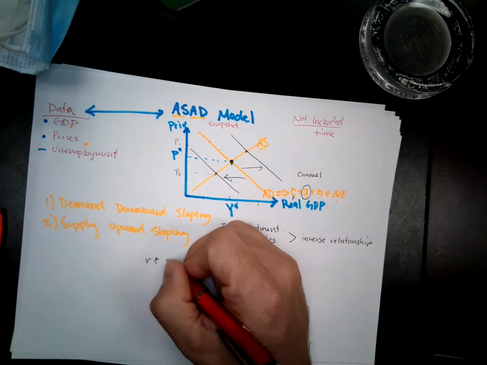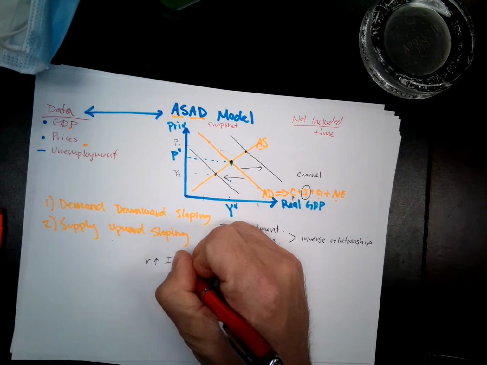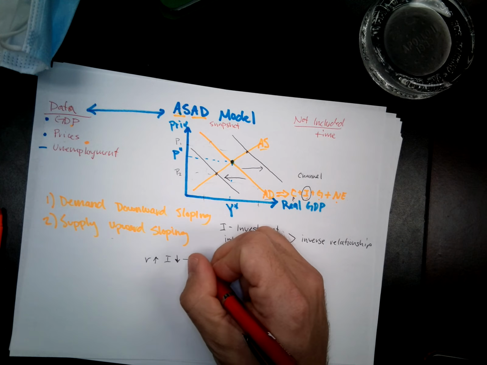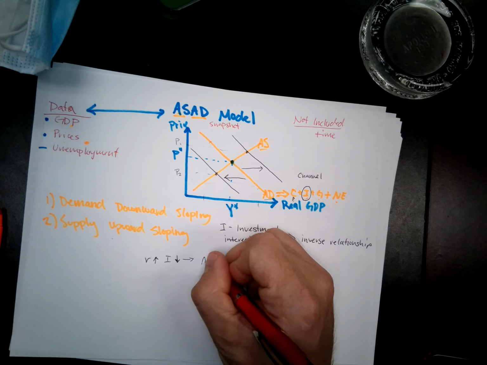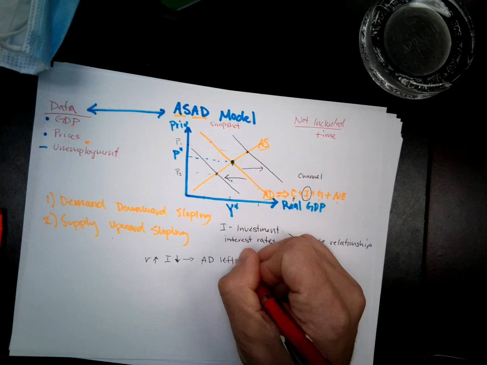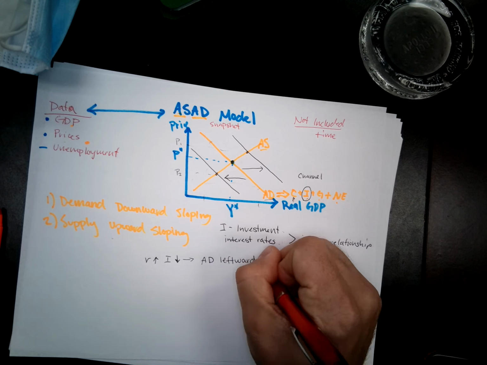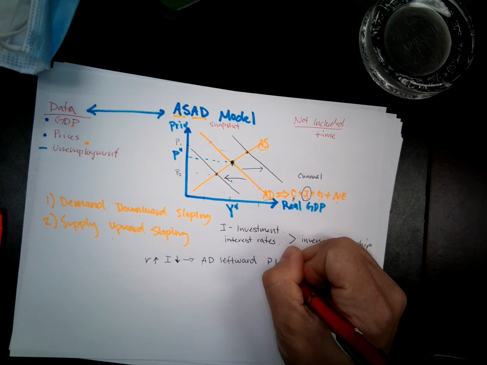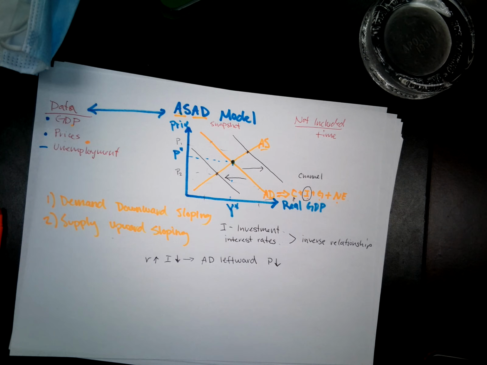Interest rates go up, investment goes down, and this results in aggregate demand shifting leftward, causing price levels to fall, putting downward pressure on pricing. That's the key that we're looking at here.